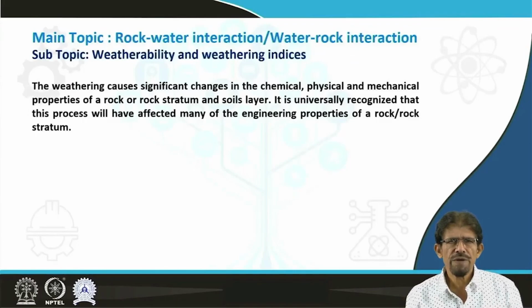Friends, we have already discussed the concept of weathering in our previous discussion. As you know, weathering is a process resulting in or causing the weakening of rock or rock strata or even soil layer, and weathering causes significant changes in chemical, physical and mechanical properties of rocks or rock strata or even soil layer.